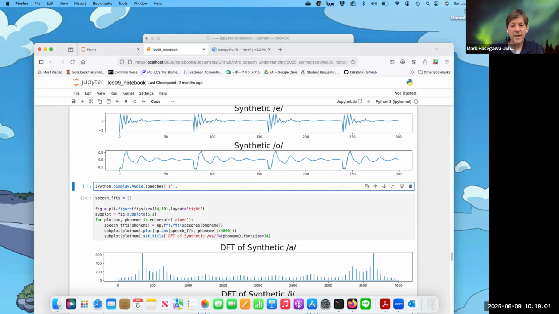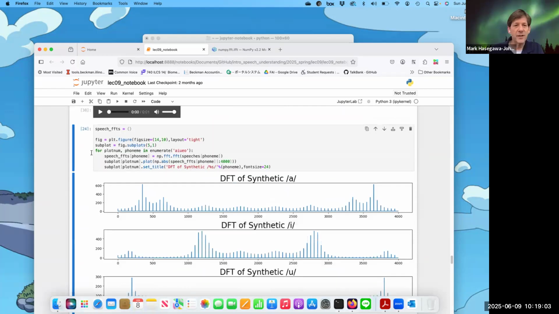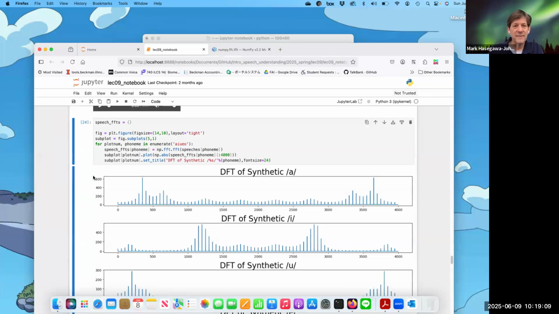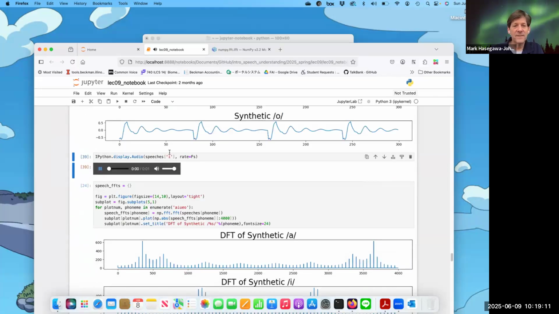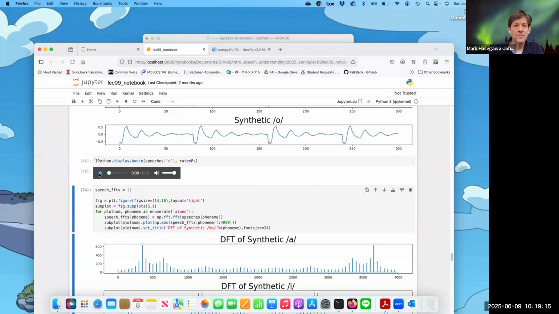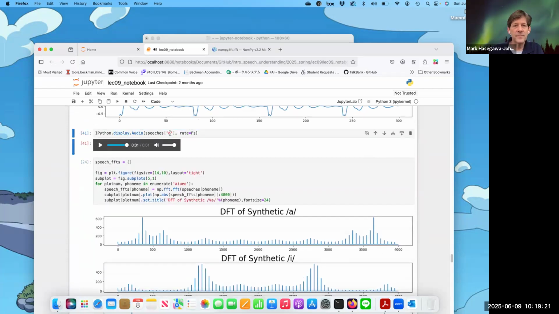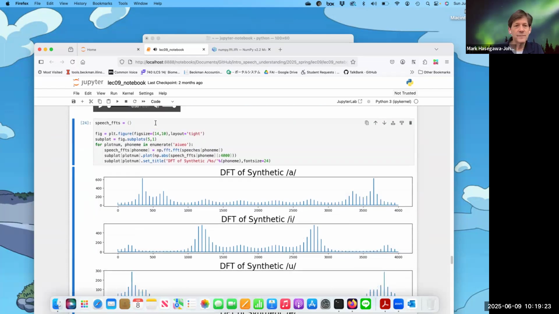And let's play that back at a rate of fs and make sure that that sounds like an ah. All right, let's take speeches e and make sure that sounds like an e. Let's try the u, and the a, and the o.